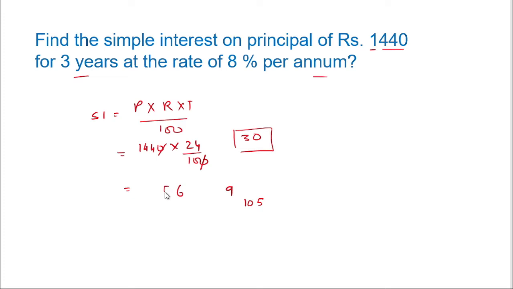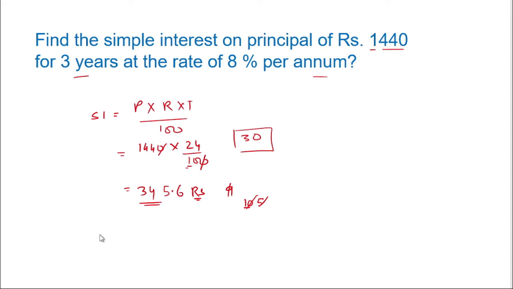Here 5 carrying 10. 24 1s are 24 and 10, 34. Now here it is divided by 10, so we will put the decimal here. That is in rupees. So this is our interest.